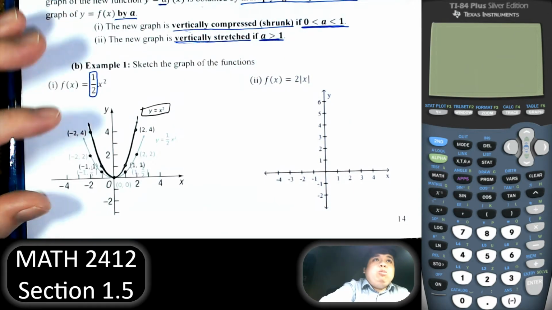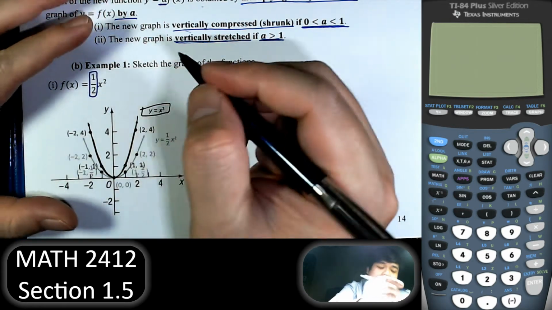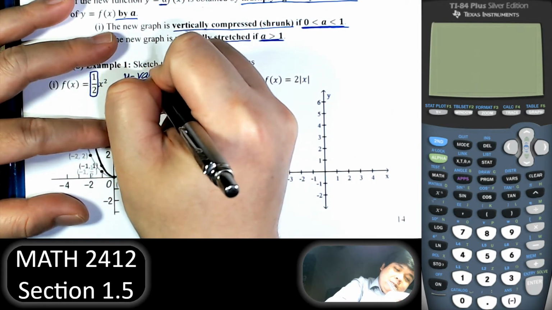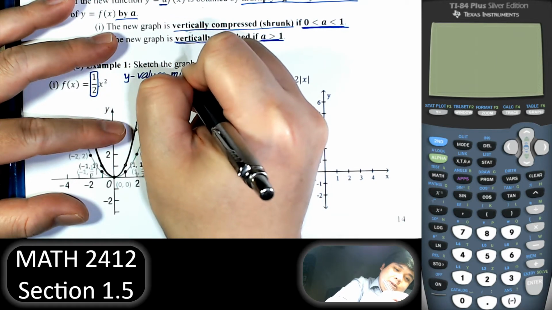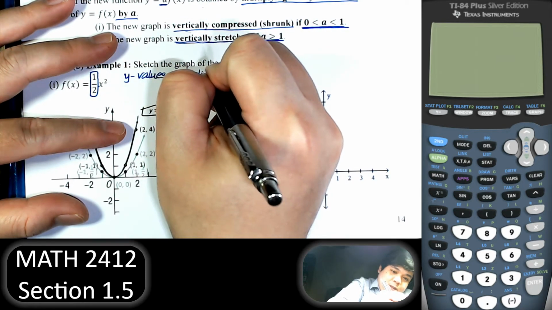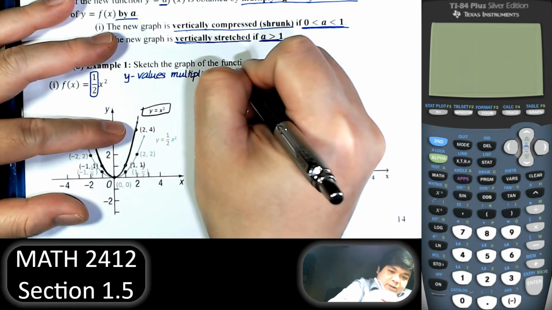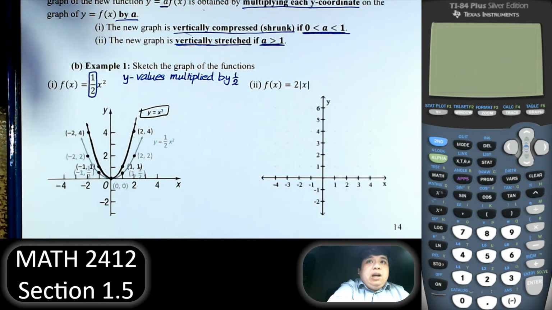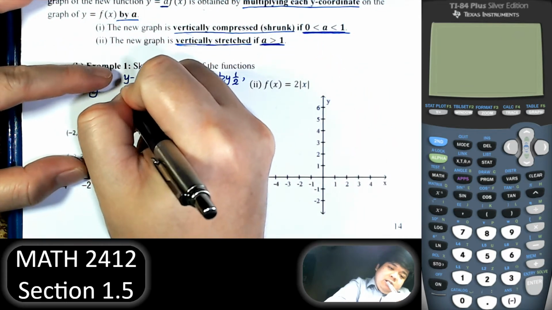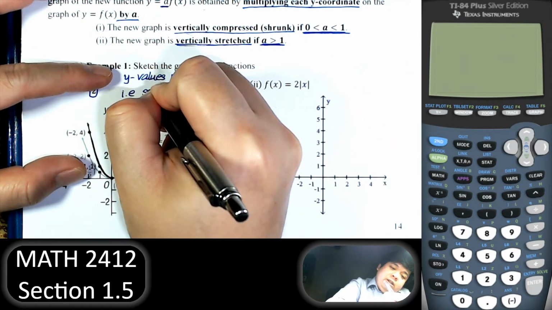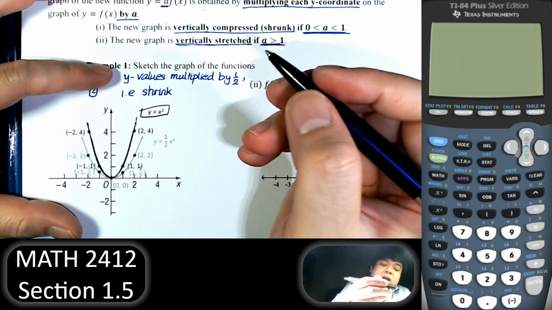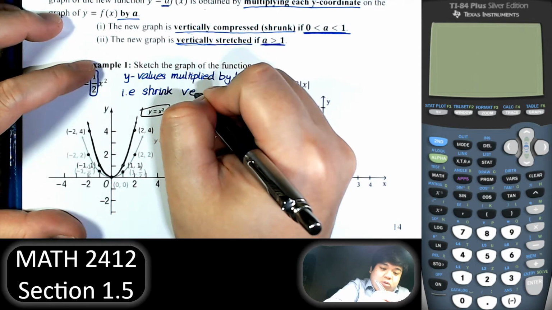Now, if we multiply 1/2 into it, I mean the y values multiply by 1/2. Now, if we multiply anything by 1/2, we will get a smaller number, right? Meaning that it will shrink vertically, because we multiply to the y values.